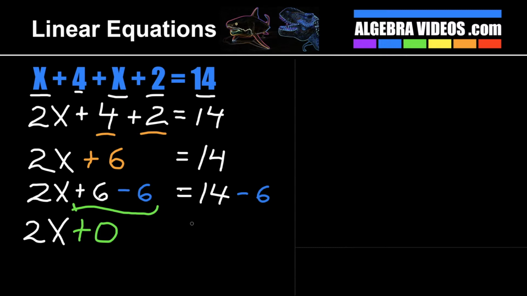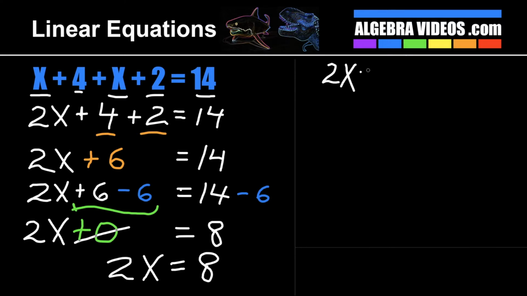And then on the other side of the equation, it equals 14 minus 6 is 8. So this plus 0, we don't really need that anymore, right? So let's just rewrite this as 2x equals 8. And I'll just bring that up to the other side here.